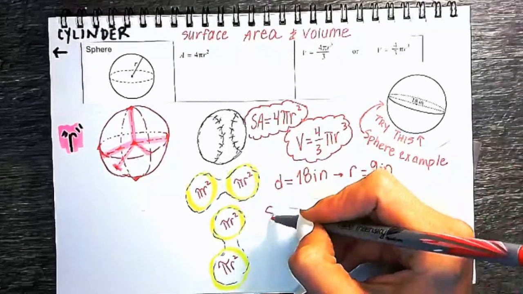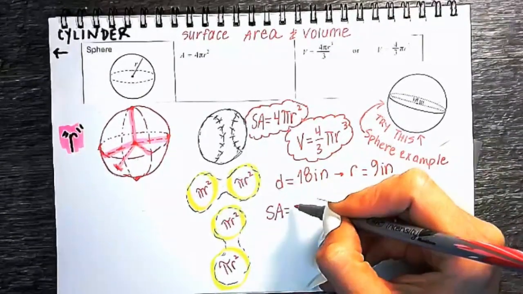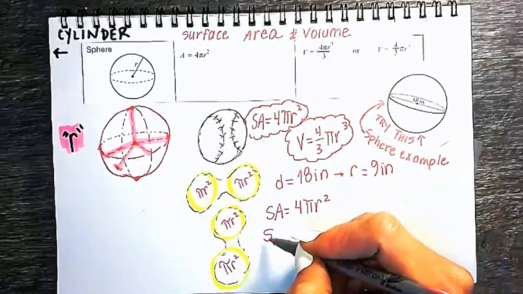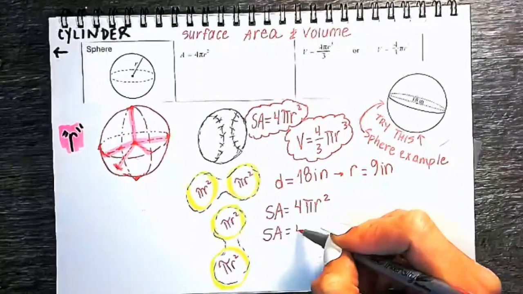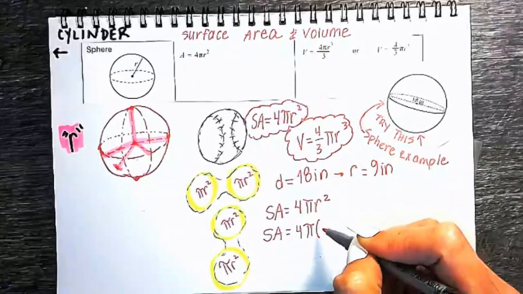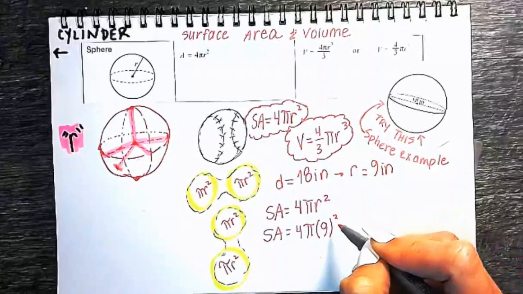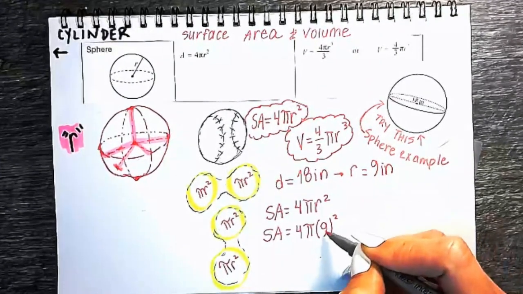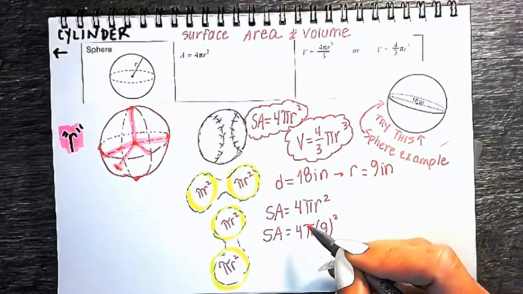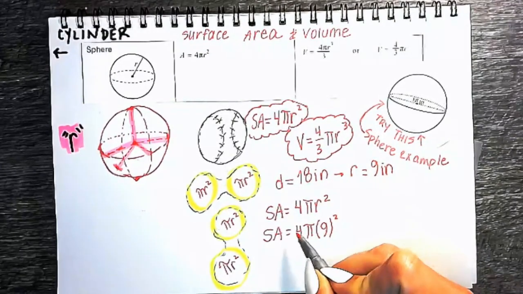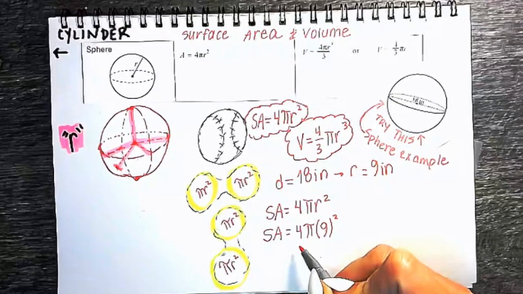Now, if we go to find our surface area, 4 pi r squared, because I'm going to remember my little baseball trick for the rest of my life, right? You too? 4 pi. Radius, we just said, was 9 squared. 9 squared is 81. 81 times 4, well, you can do 81 times 2 is 162.